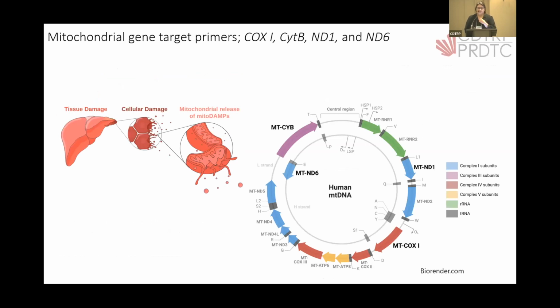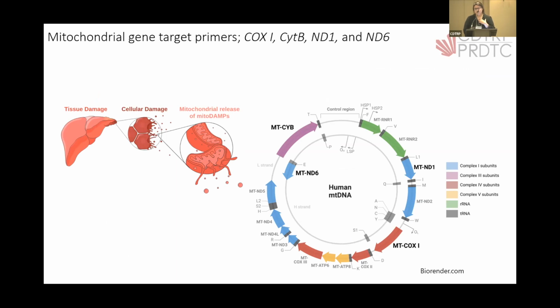Given the stability of these, and the fact that we really wanted to quantify mitochondrial DAMP release in some of our in vivo models, we decided to work up a method to quantify these. We first had to choose our targets.